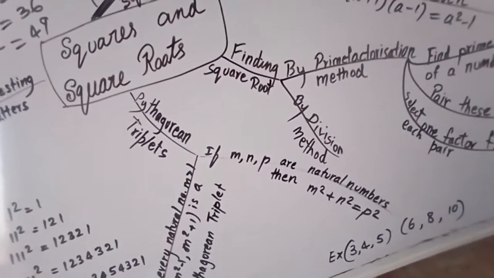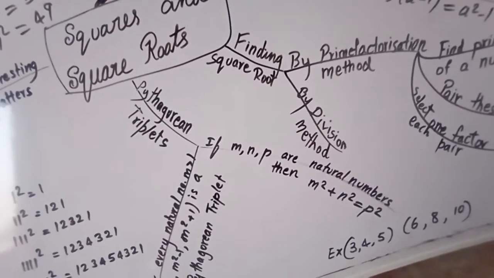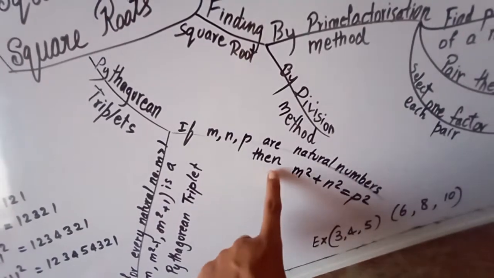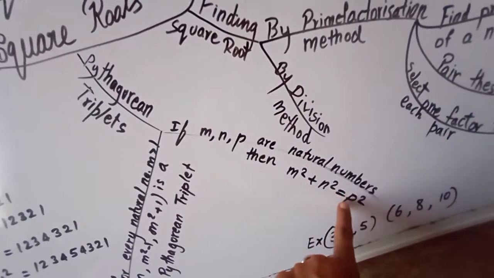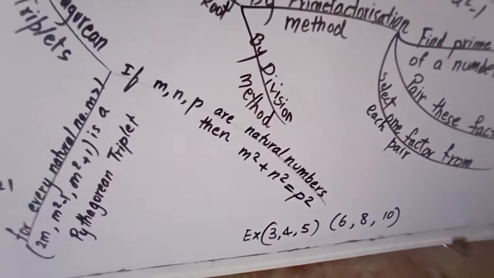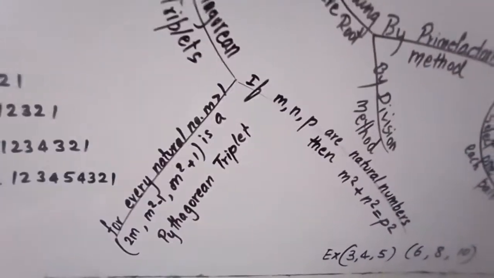If you go for the Pythagorean triplet, you know that if m, n and p are natural numbers, then m square plus n square is equal to p square, for example 3, 4, 5 and 6, 8, 10. This we can write in a general form.